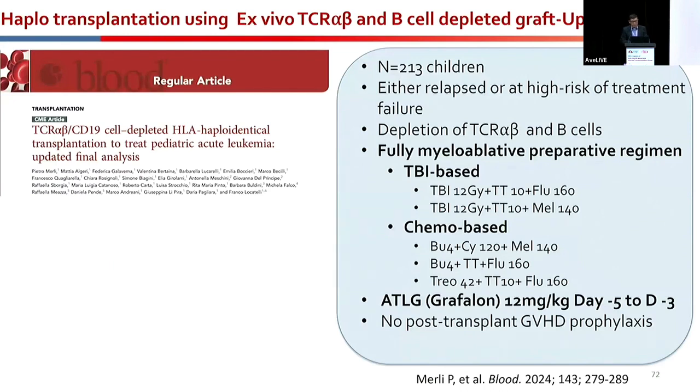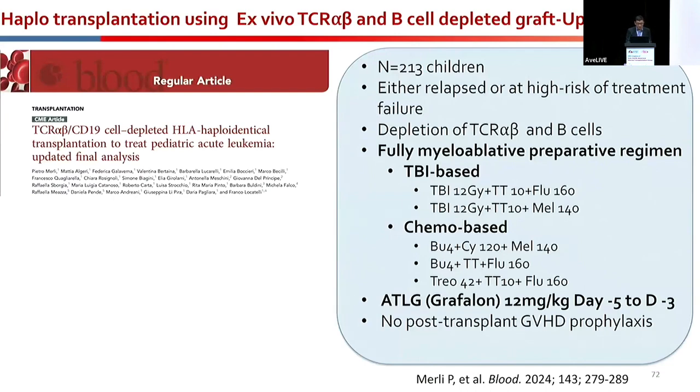They were all given a fully myeloablative preparative regimen, TBI-based mainly. Also, some of them were given a chemo-based regimen. These patients were all given ATLG, which is the Grafalon, given on day -5 to -3, which has an important implication because that affects some of the outcomes that we see.